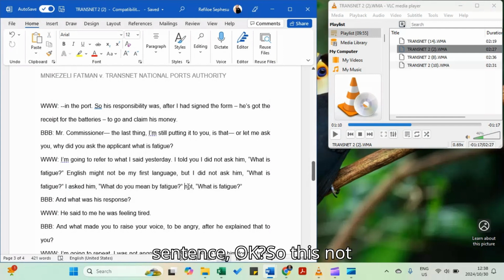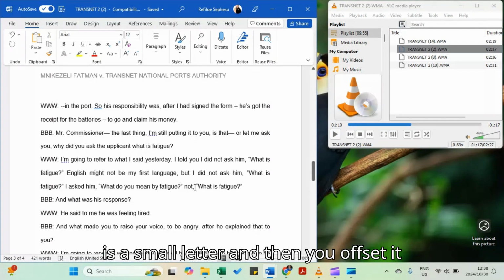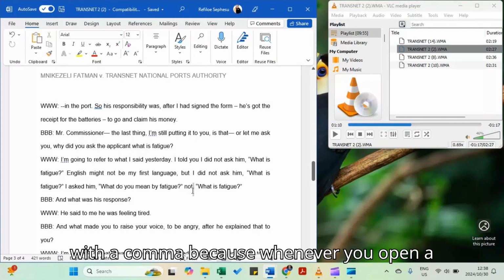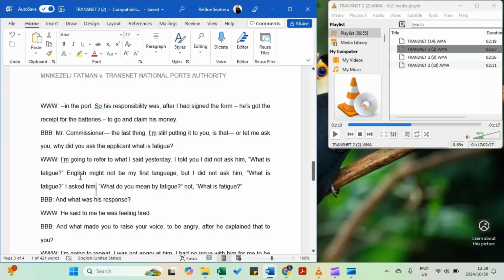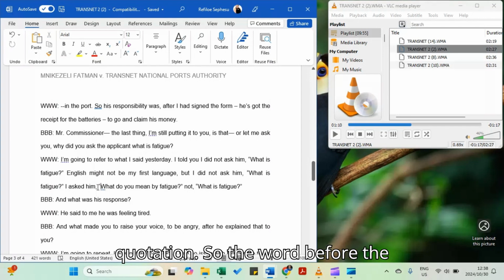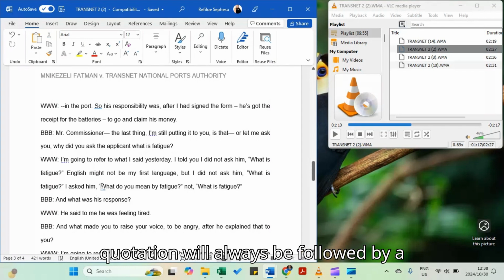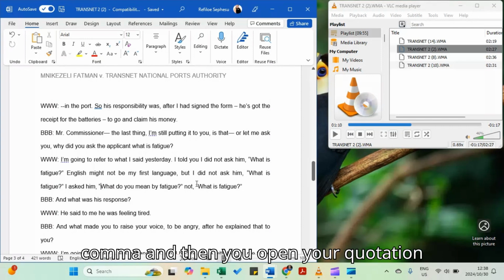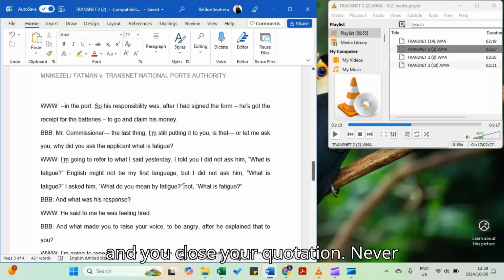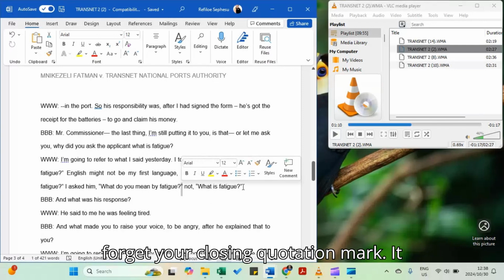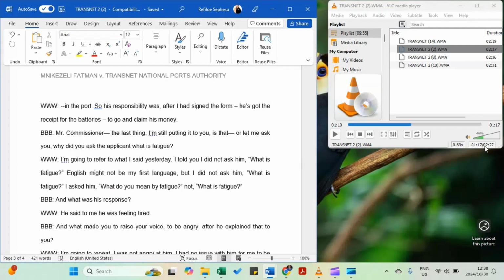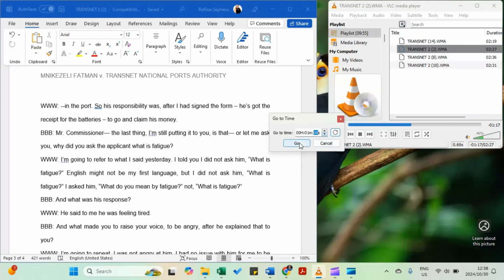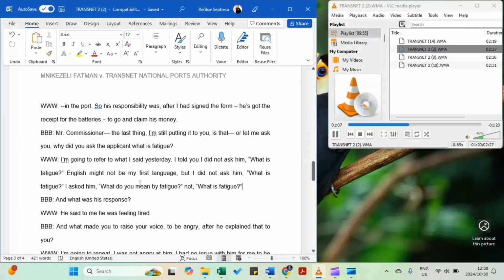So this not is a small letter and then you offset it with a comma because whenever you open a quotation, there has to be a comma after the word before the quotation. Okay, so the word before the quotation will always be followed by a comma, and then you open your quotation and you close your quotation. Never forget your closing quotation mark. It always has to be there. They come in pairs, they work in pairs. Not what is fatigue.